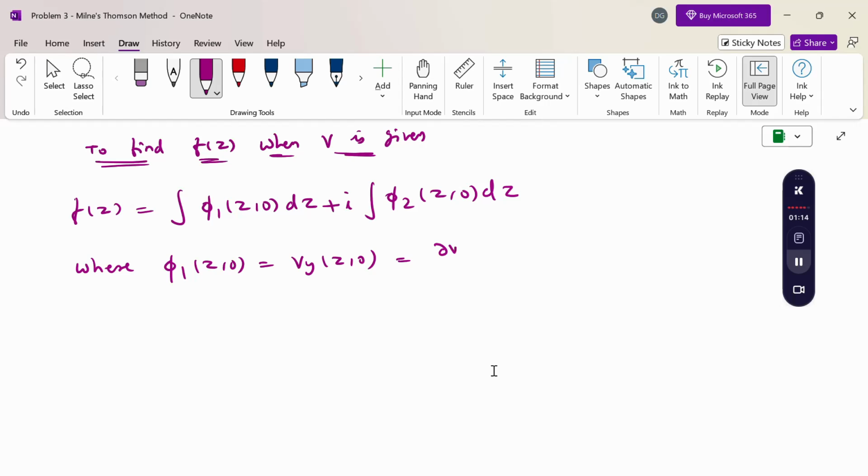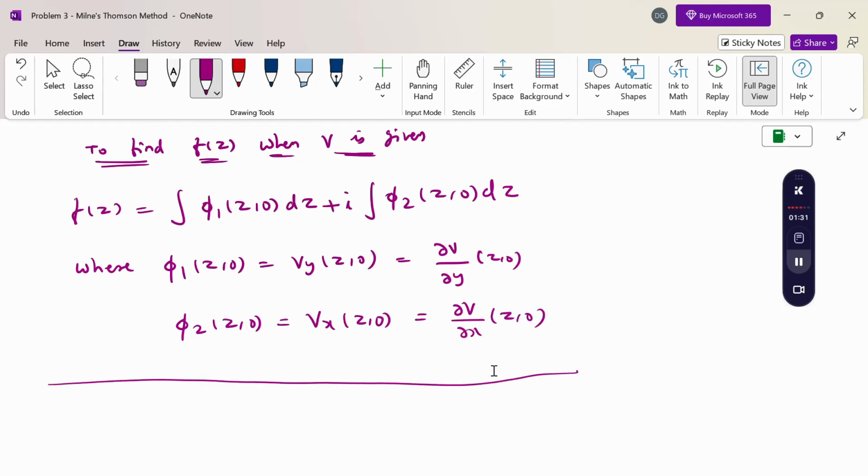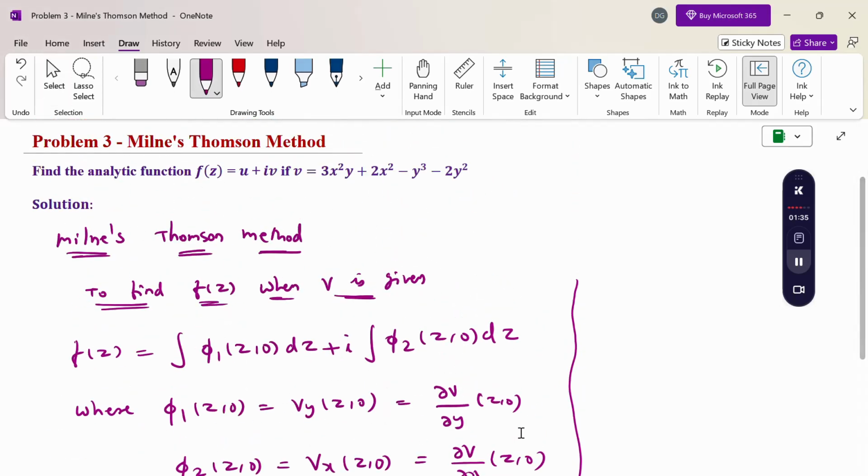This is the partial derivative of v with respect to y, and phi 2 of z comma 0 is vx of z comma 0, so dou v by dou x of z comma 0. This is the formula for calculation in the Milne-Thomson method to find the value of f of z.